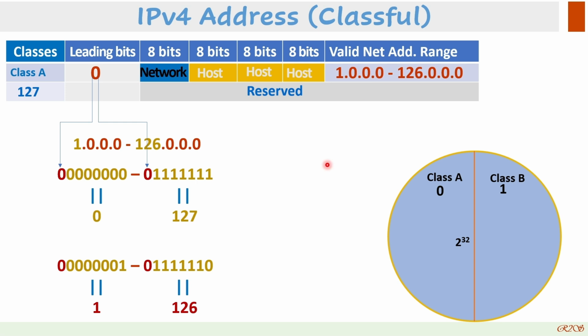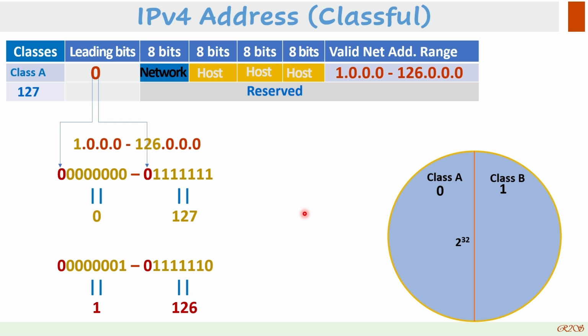class A. Okay, so now they started thinking, if we make only the 2 classes, and each class uses only 8 bits for networks, then we get only a small number of networks, and each network is way bigger. That means each network could have 2 to the power 24 hosts.